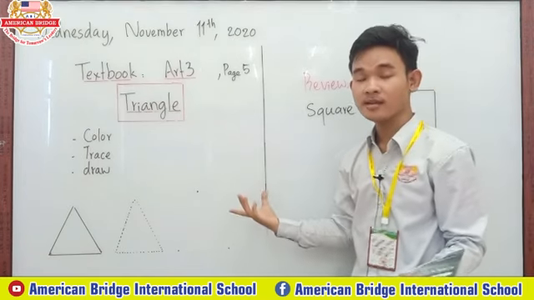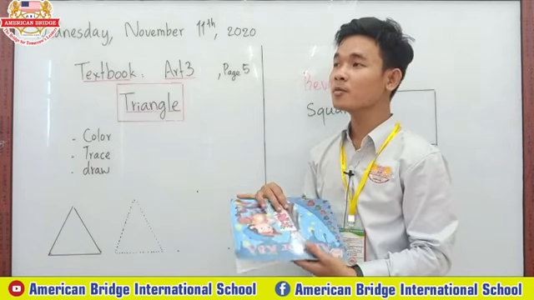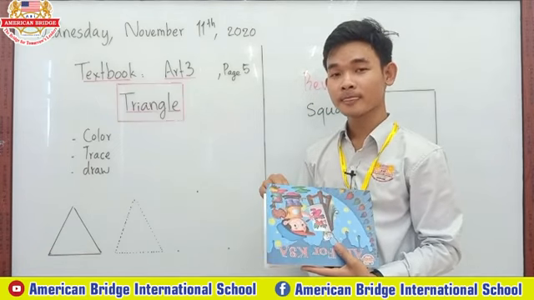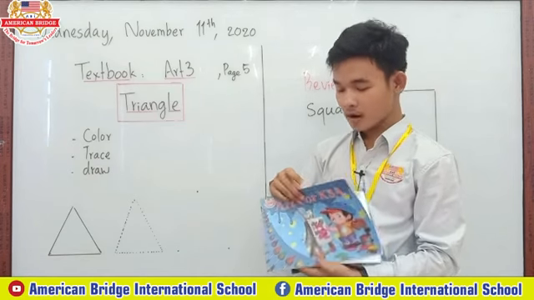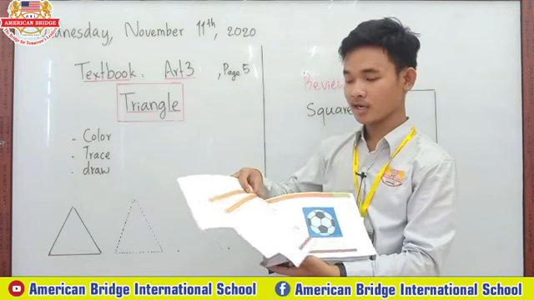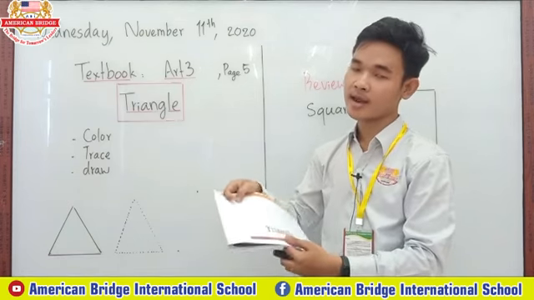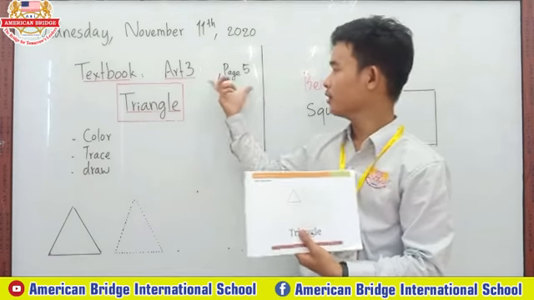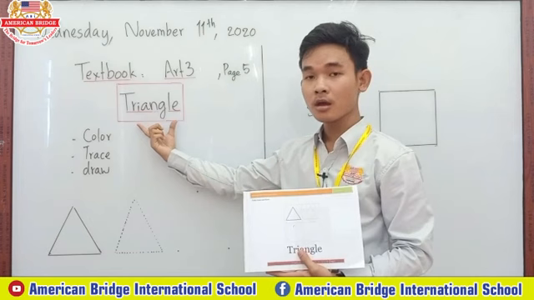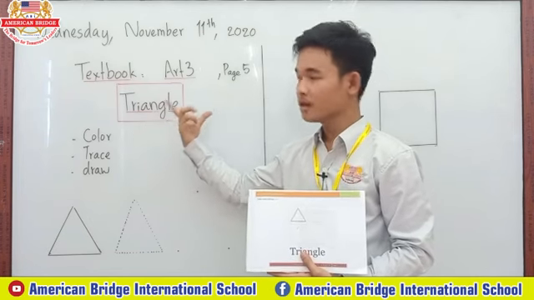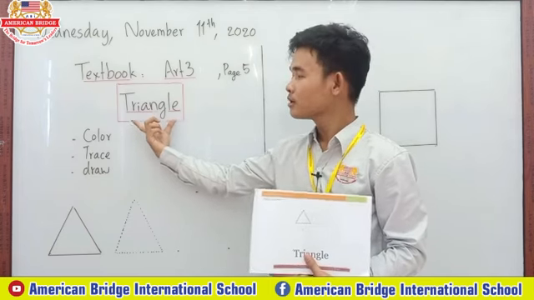So this is the old shape that you already learned. Today I will introduce you a new shape. What was it, everyone? A new shape that you're going to study for today. Let's turn your book to page 5, and you will see here on page 5, this one we call triangle. Repeat after the teacher, students.